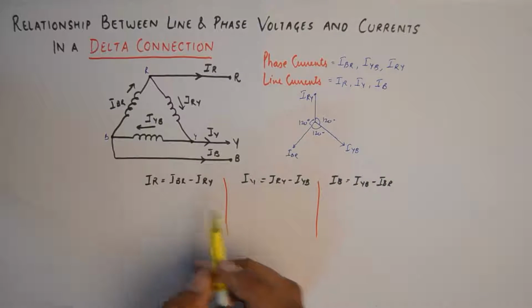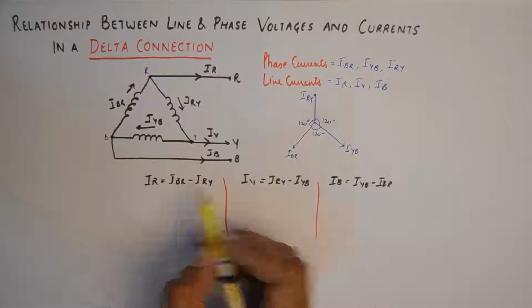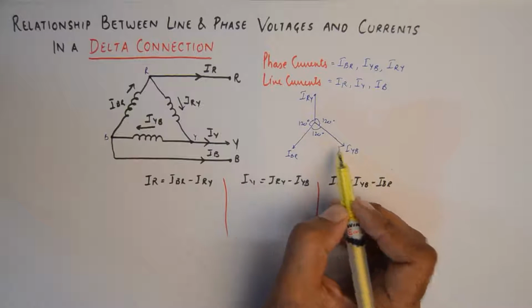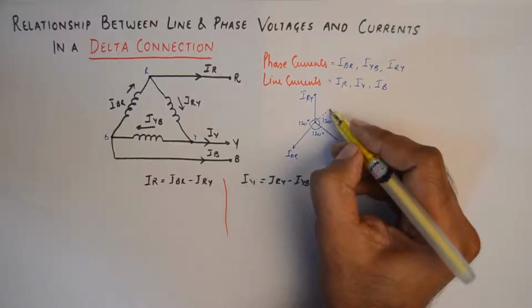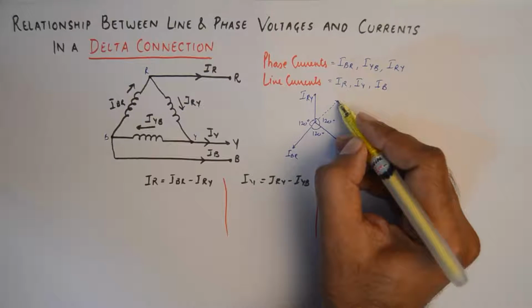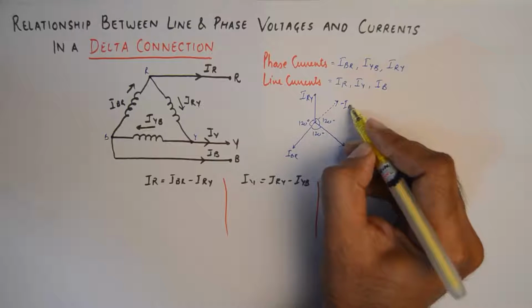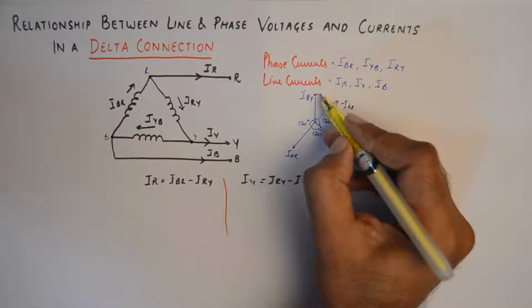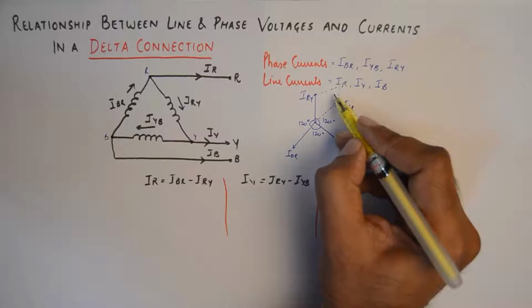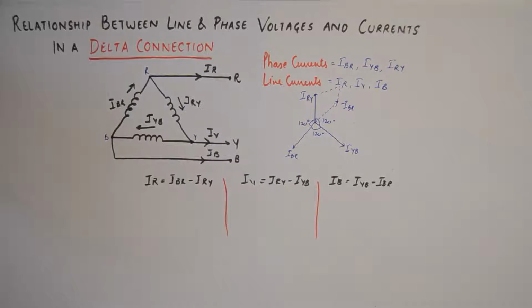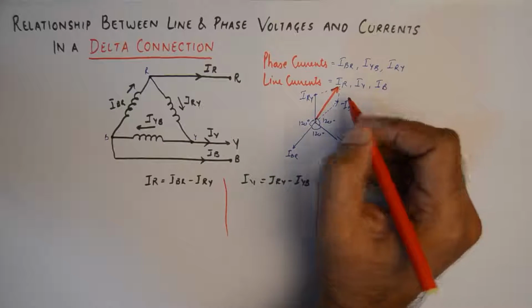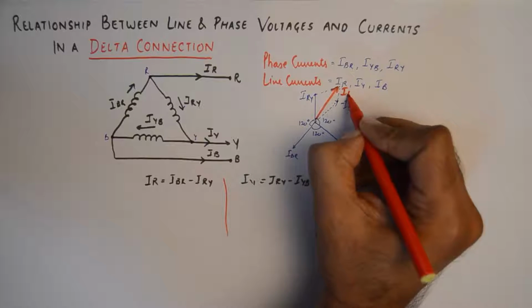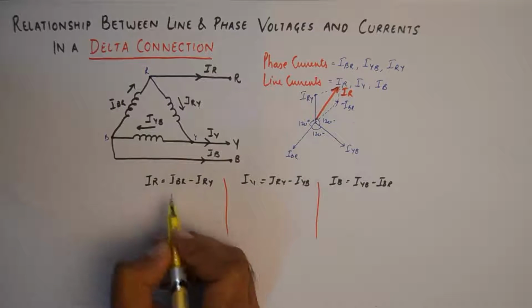So if I was to calculate IR, which is IBR minus IRY, I need to extend this to the negative territory and I get minus IBR, and then I can simply find the resultant using the diagonal method of vectors. So this becomes my resultant vector IR, because this is what is depicted here.